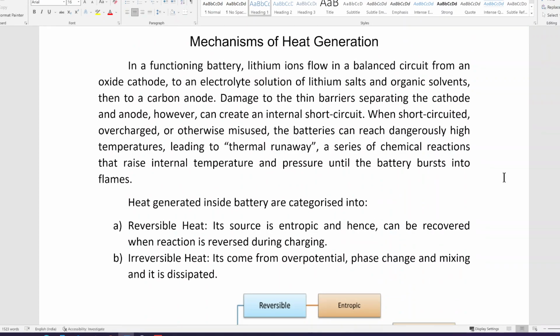Then we are looking at the mechanisms of heat generation. Why does the battery have heat?